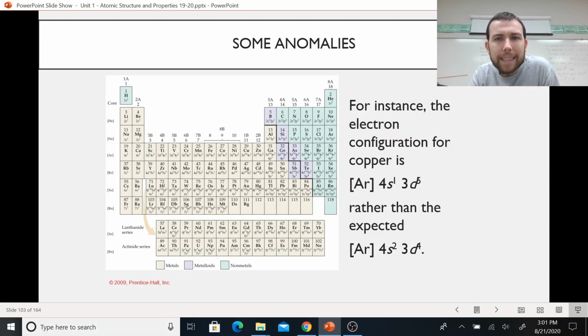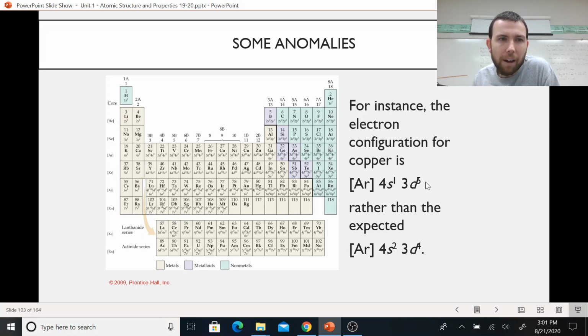But what's observed about the electron configuration for copper is that it actually adheres to what we've listed here. The electron configuration for copper is the noble gas configuration argon 4s1 3d10. So instead of having a fully filled 4s orbital, we get a partially filled 4s orbital and a partially filled 3d orbital.